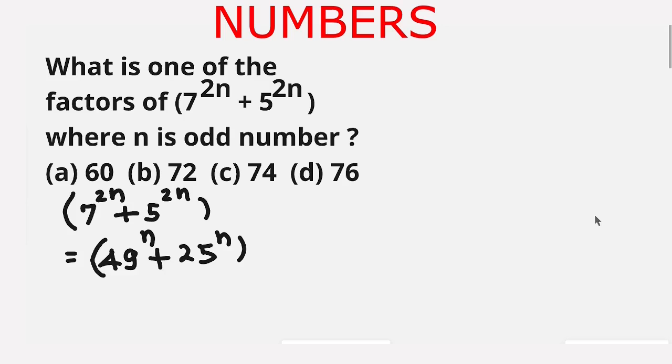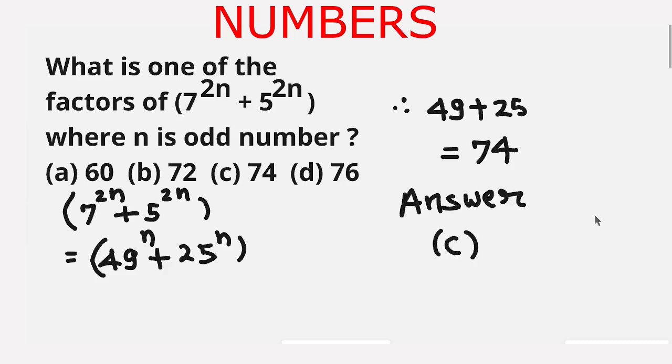It's given that n is an odd number, therefore 49 plus 25 is one of the factors of the given number, and this is equal to 74. Hence 74 is one of the factors of the given number, and from the given options our answer is option C, 74. I hope you have understood the method of solving such type of questions.